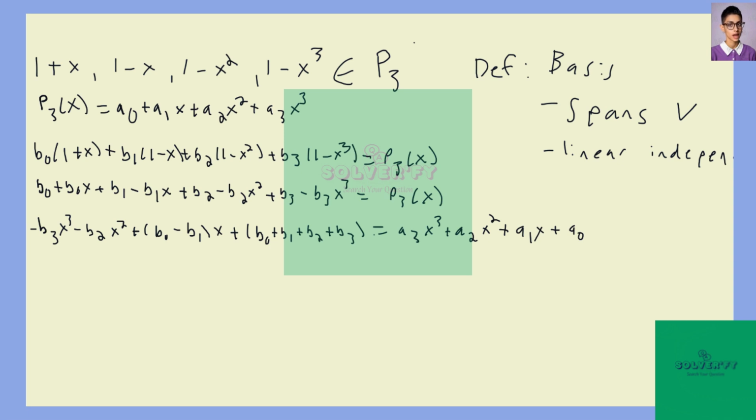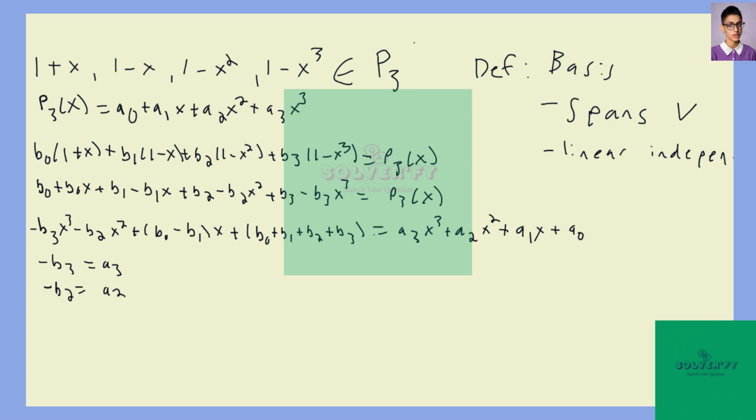And now we have a system of equations where we can equate coefficients. This is a common strategy. I'll say equate coefficients like this whenever you're solving problems of this nature with polynomials. So we have negative b3 has to equal a3 because the degrees are the same. And then we have negative b2 has to equal a2, and so on.